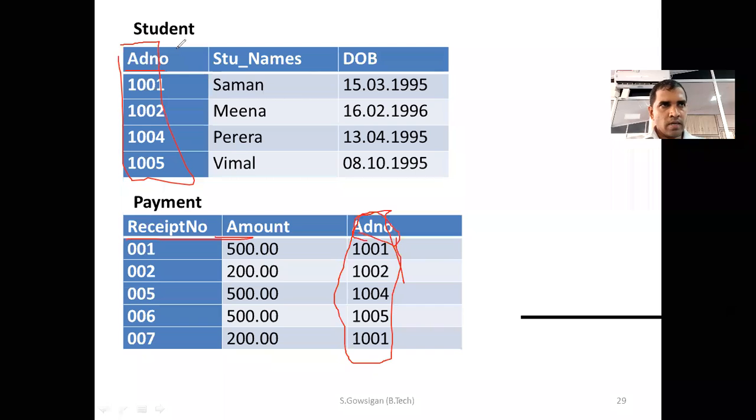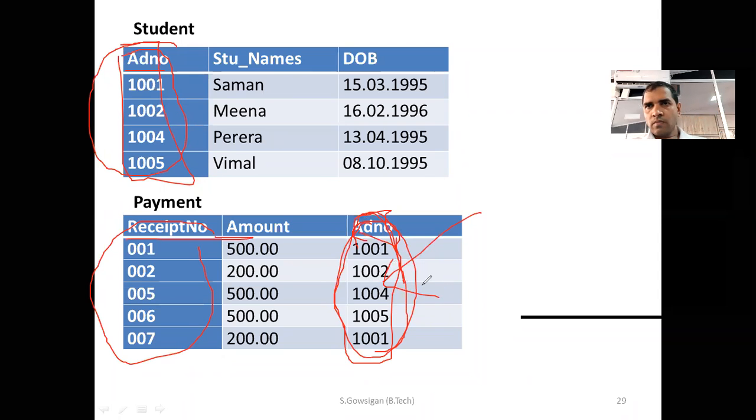Look here, in the student table, ADNO is the primary key. But in the payment table, ADNO is not the primary key, because the primary key there is receipt number. So ADNO is primary key in the student table, but not primary key in the other table. So in the second table, it is called foreign key.